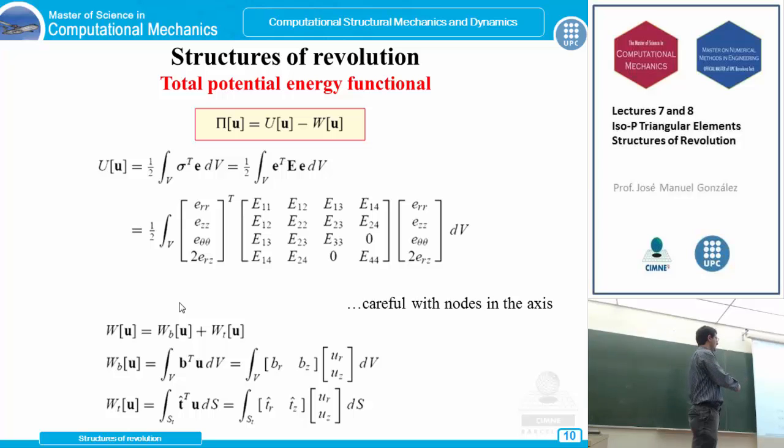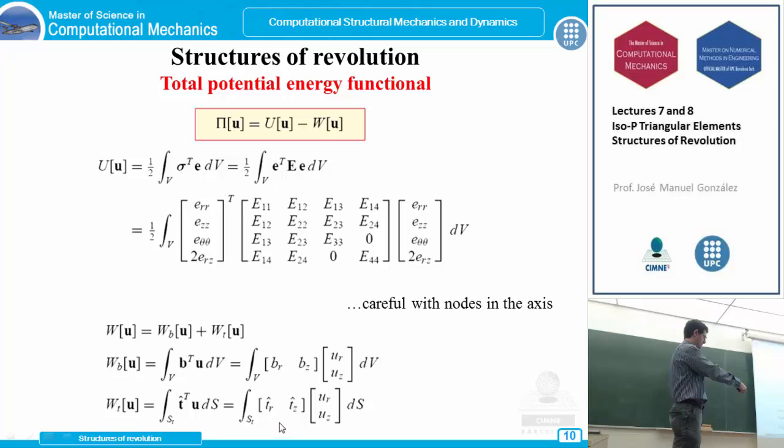This is for the internal energy, and the external work is calculated considering the body forces external work and the boundary tractions external work. So these two components can be calculated using this general expression: body forces times the displacement, and the tractions times the displacement. This is integrated over the volume, and this is integrated over the boundary tractions domain. So here we have these body forces in radial and vertical component, not the circumferential one.